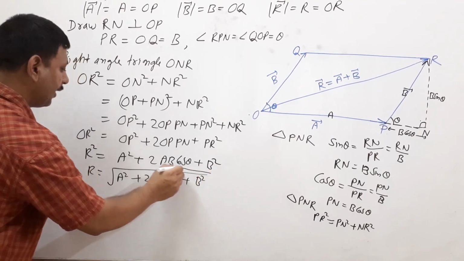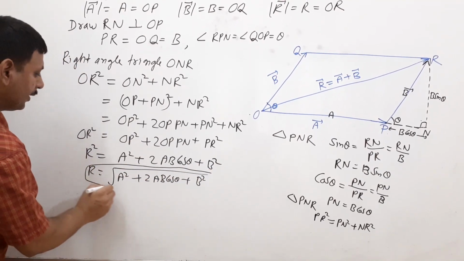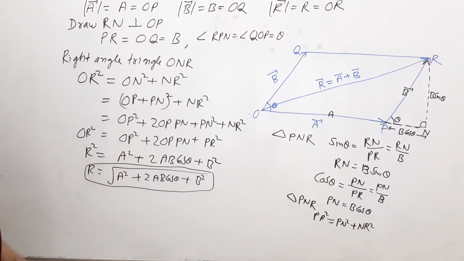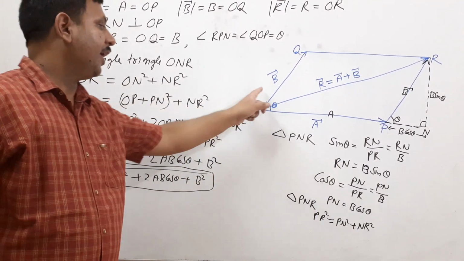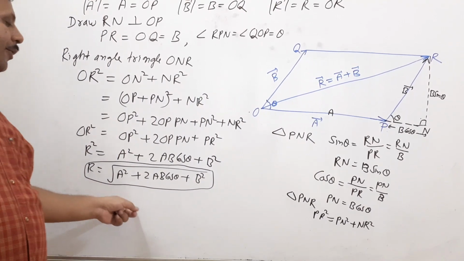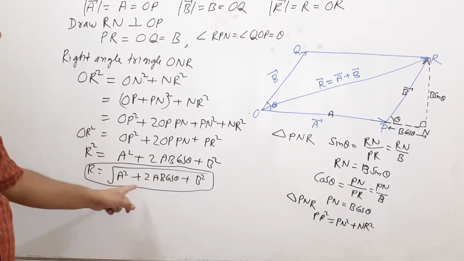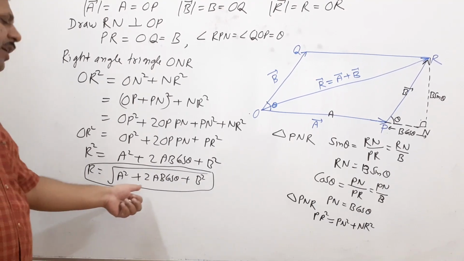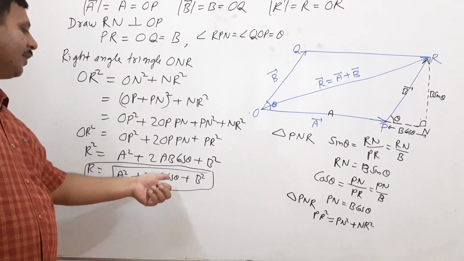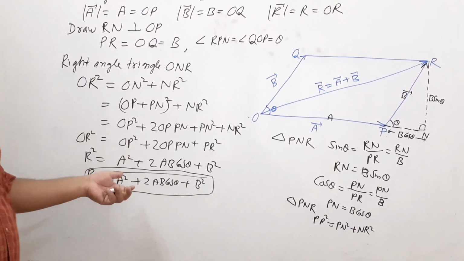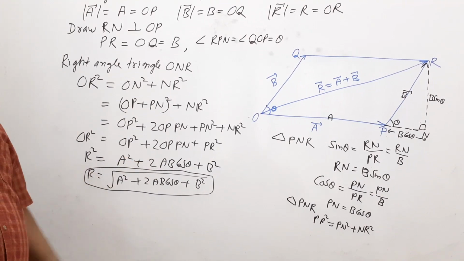So this will be the resultant of two vectors A and B which are inclined at an angle theta. R is equal to under root A square plus B square plus 2AB cos theta. So we can directly find the resultant if we know magnitude A, magnitude B and angle between A and B.